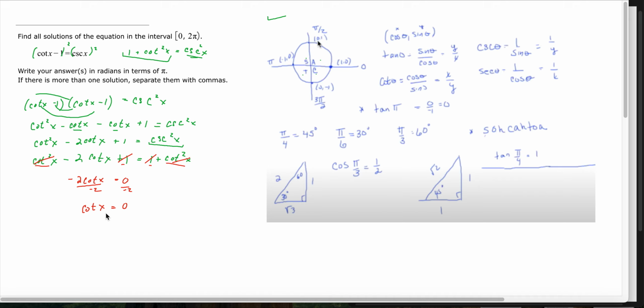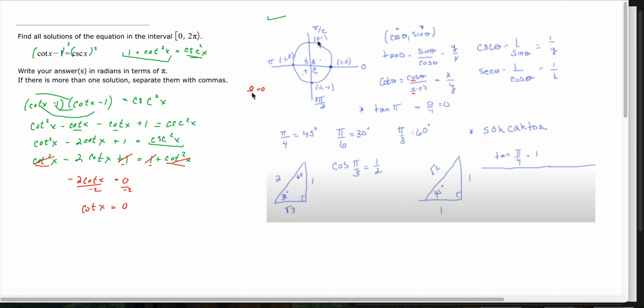And so now I'm, of course, solving for x. Since I have this equal to 0, again, I'm going to think about the unit circle, right? And since cotangent x is cosine over sine, that means cotangent x will equal 0 wherever cosine is 0, because 0 over 1 is equal to 0.